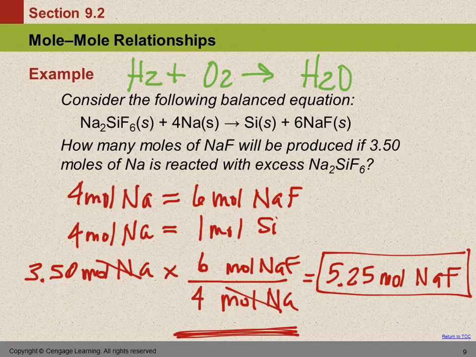Because if you did this, you'd have an oxygen atom left over, and that can't happen. A balanced chemical equation reflects what actually happens. So we would need a 2 here and a 2 here, because it would take 2 molecules of hydrogen and 1 of oxygen. The balanced chemical equation is what's actually happening.